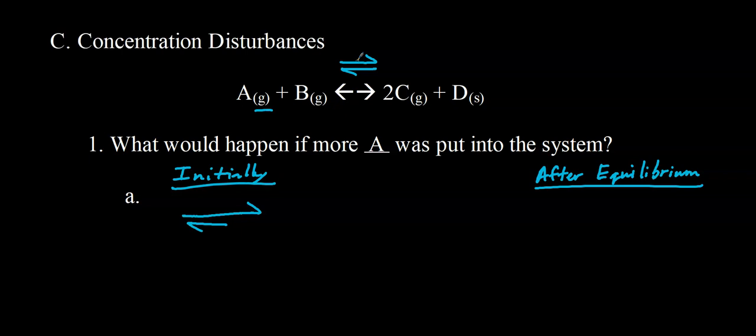So at some point, though, that now faster forward reaction is going to slow down, the reverse reaction is going to speed up, and a new equilibrium will be established. Notice that both those arrows are the same length, but they're different lengths than these arrows here, indicating a new equilibrium.